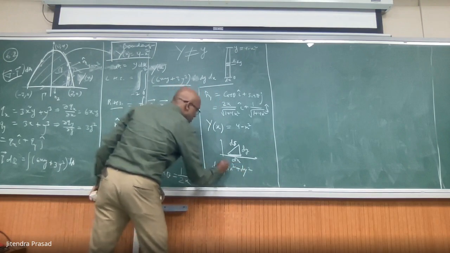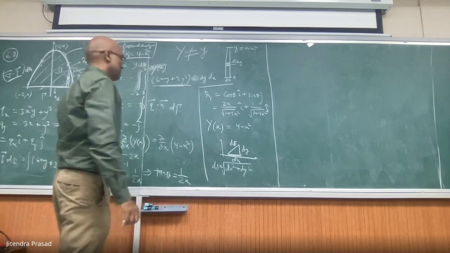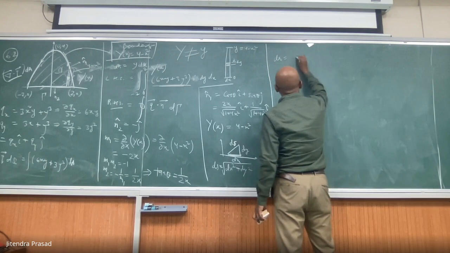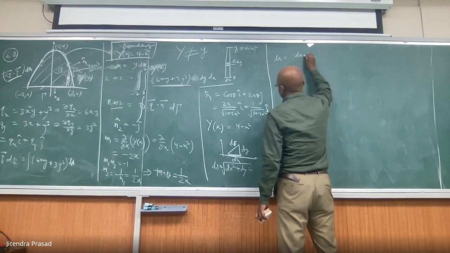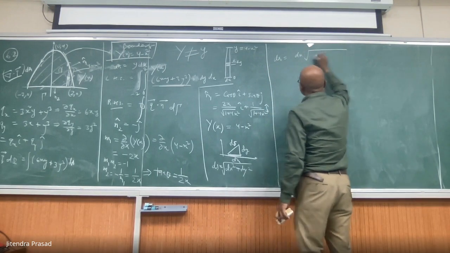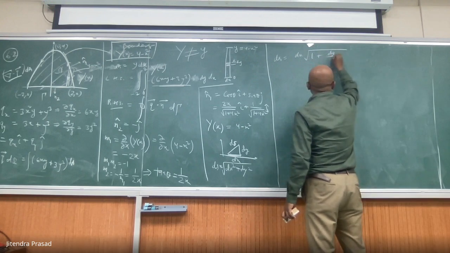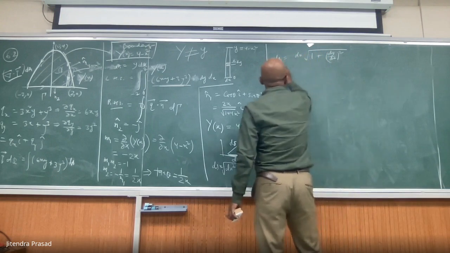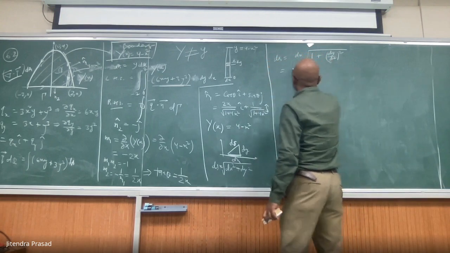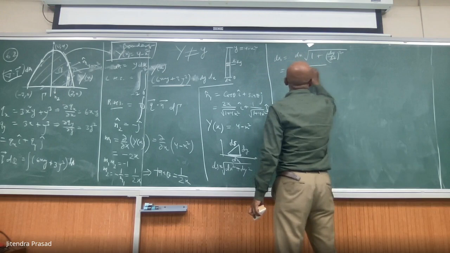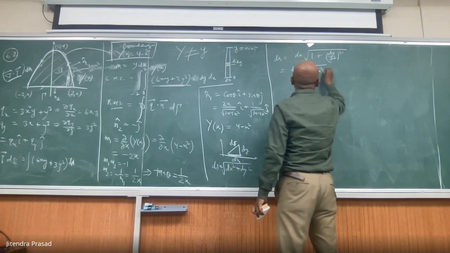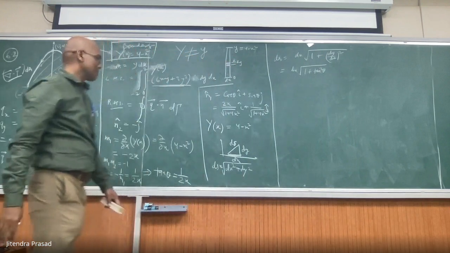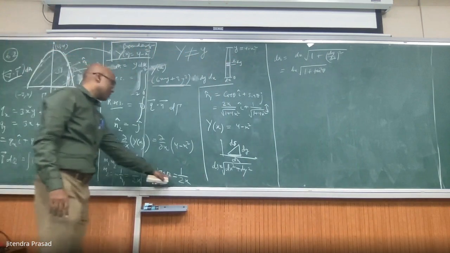So ds is equal to dx times root of 1 plus dy over dx square, which is equal to tan theta actually, right? dx root 1 plus tan square theta, and tan square theta is 1 over 4x square.